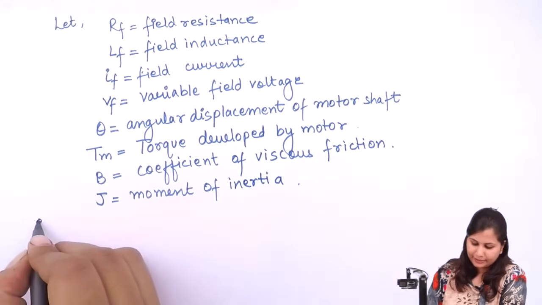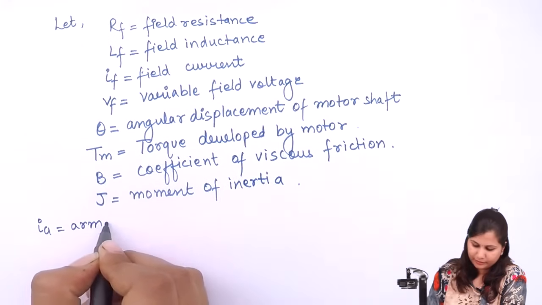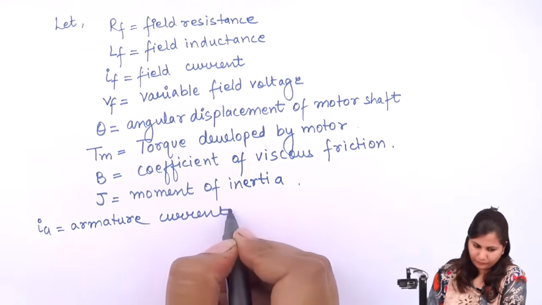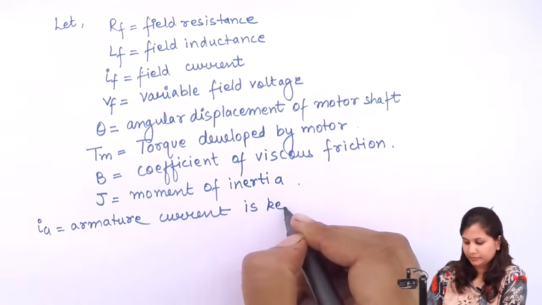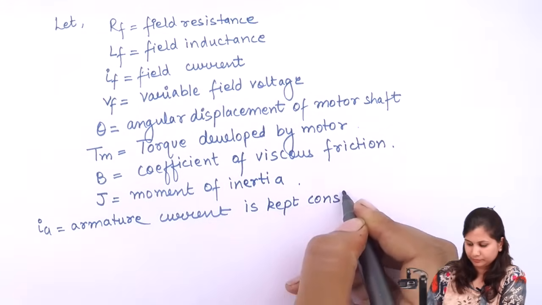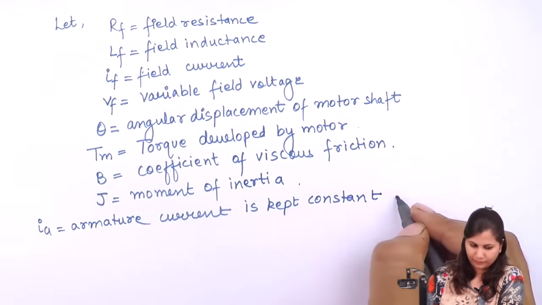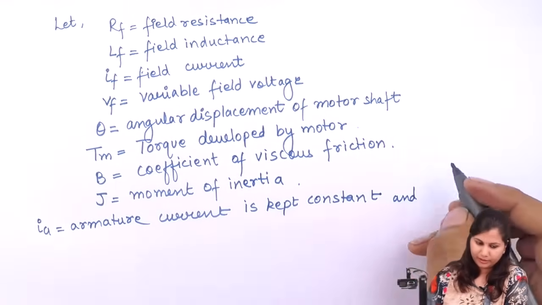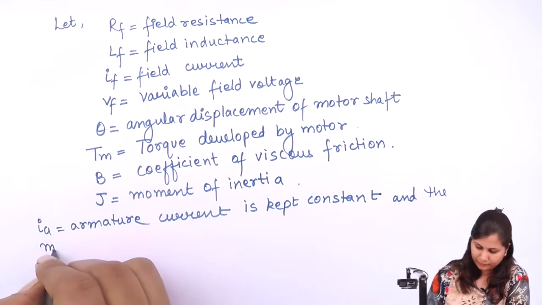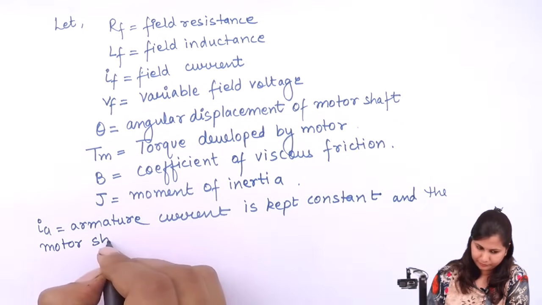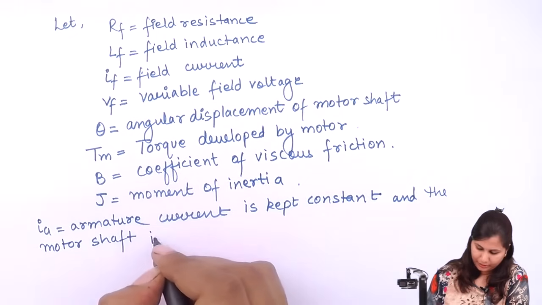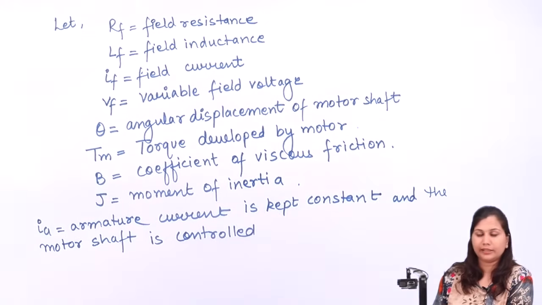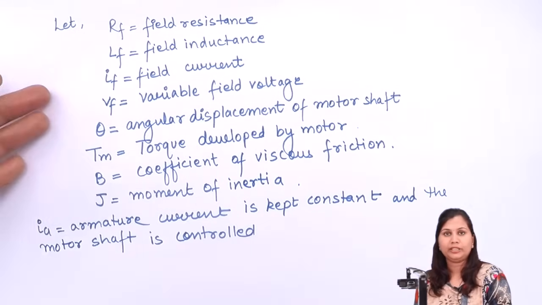Okay, IA, that is the armature current, is kept constant, and because we have kept it constant, the motor shaft is controlled by the field side, that is the input voltage or the field voltage.